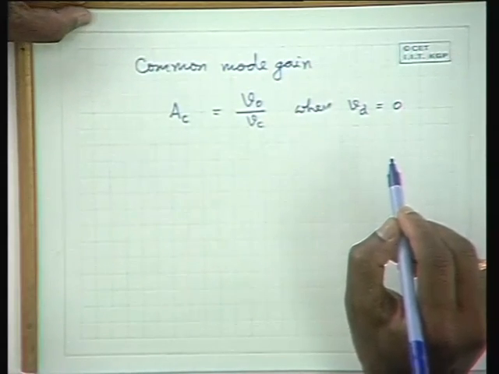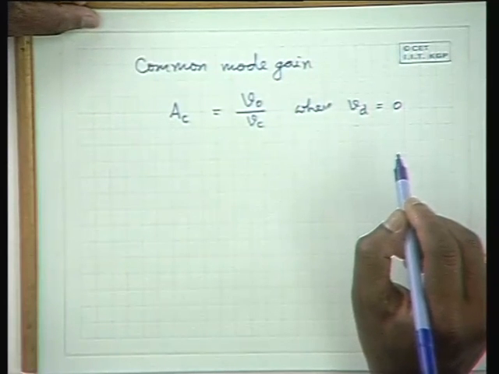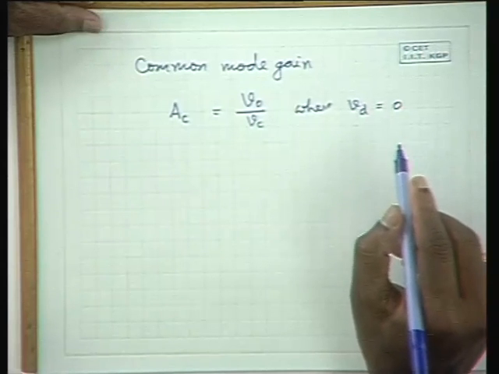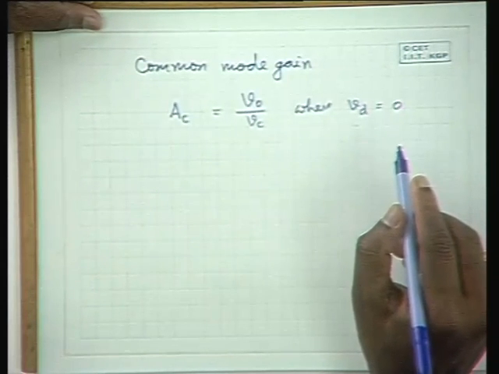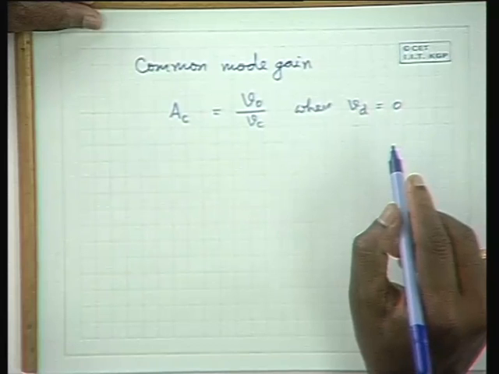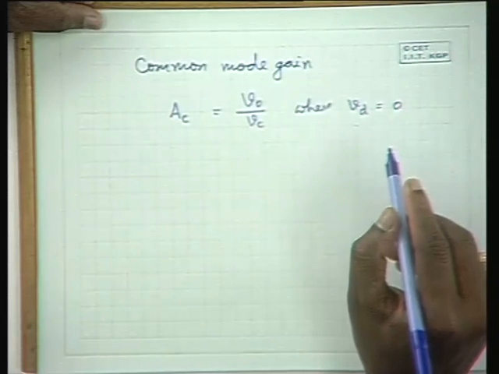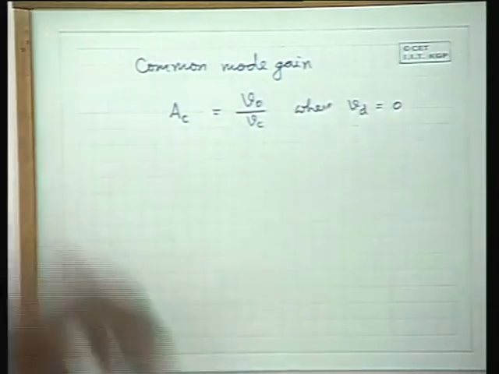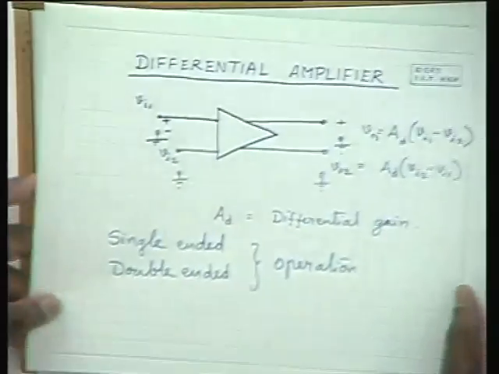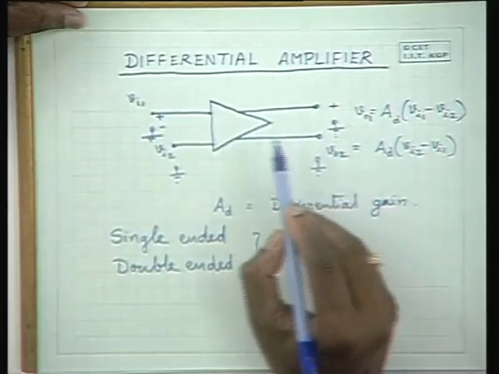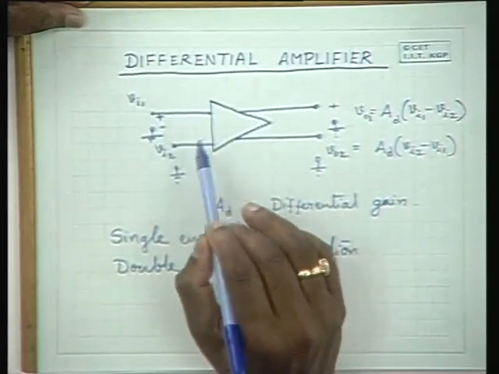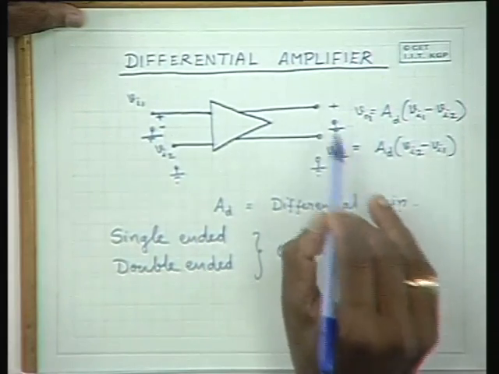Sir, do we get this common mode signal on both the outputs? Yes, you will get common mode signal on both the outputs. And when Vd is not equal to 0, both will be appearing. Yes, certainly. So, the question is, when you use both the outputs of a differential amplifier, do the common mode signal and the differential signal appear at both the outputs?